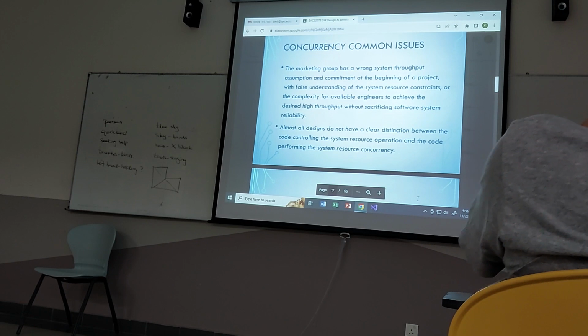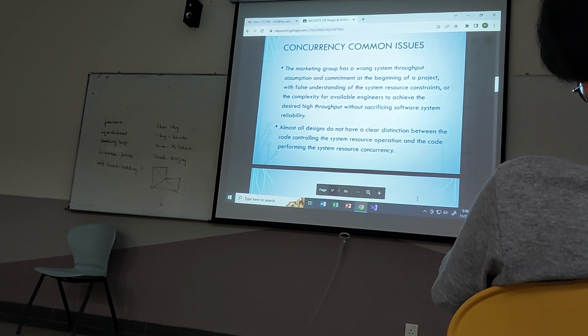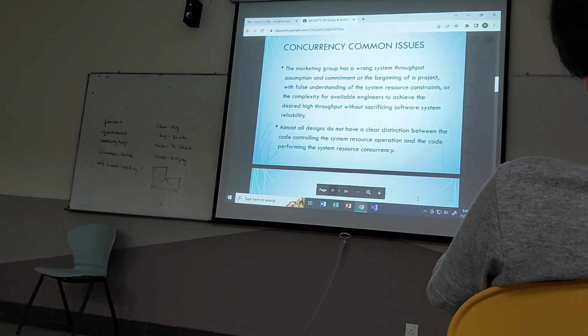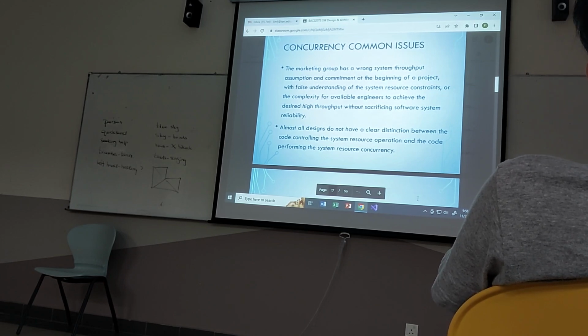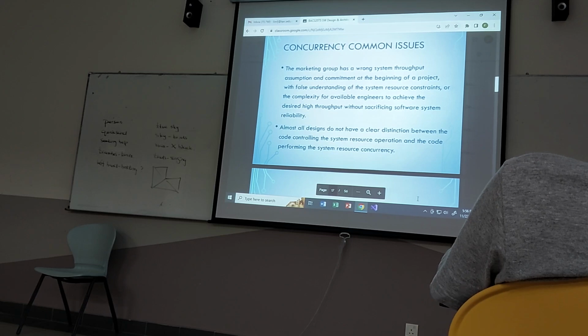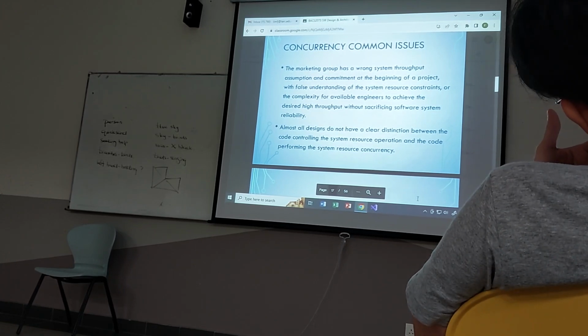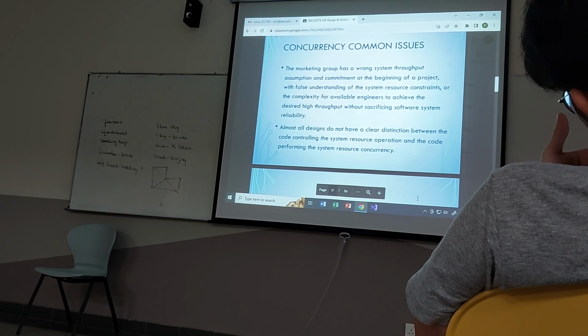And then the marketing team has the wrong throughput expectations. They have a wrong understanding of the system resource constraints and the complexity of designing a concurrent system. Almost all designs do not have a clear distinction between the code controlling the system resource operation and the code performing the system resource concurrency.